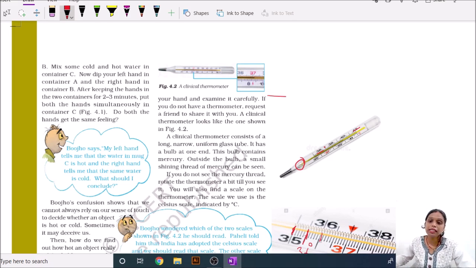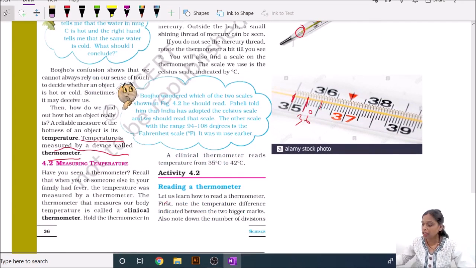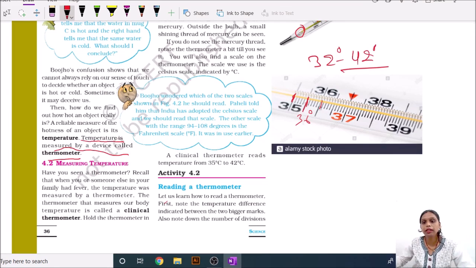This is the structure of the clinical thermometer. You can see from this thermometer that its range starts from 32 degrees and ends at 42 degrees. This is an example of a clinical thermometer.